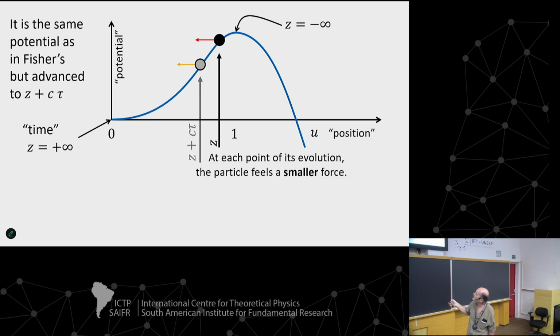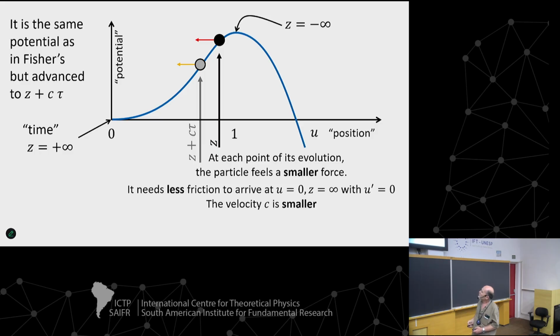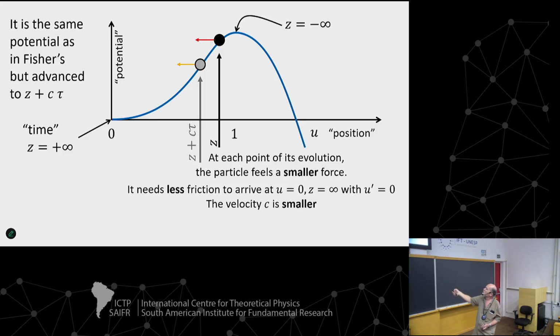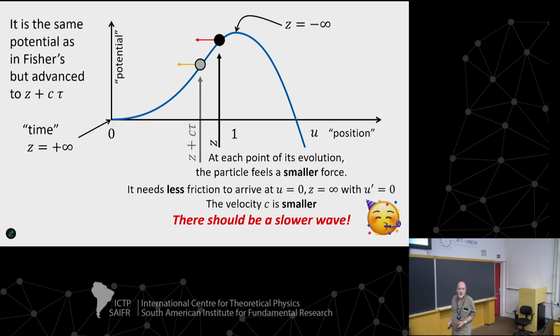So it will feel a smaller force. Since the particle will feel a smaller force, it will need less friction to arrive at u equals 0 at time z equal infinity with 0 velocity. So the velocity, which is the viscosity, will be smaller, so there should be a slower wave.